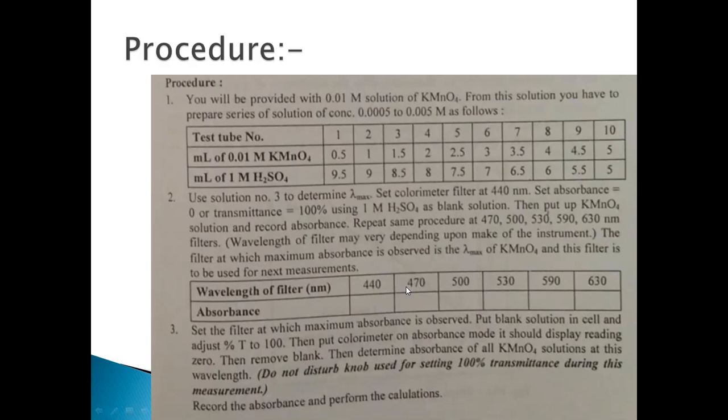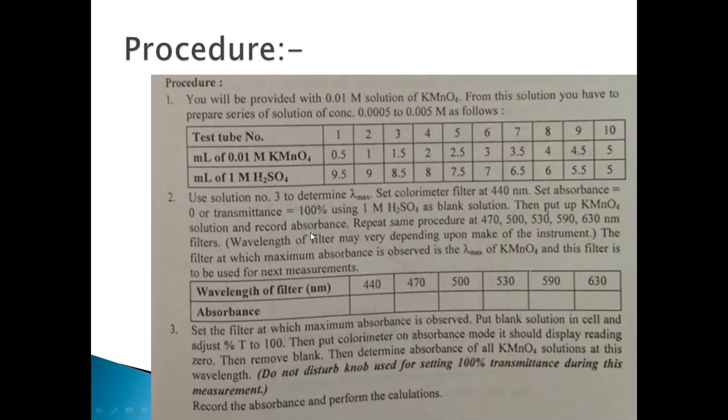In the observation table, 470 is the filter with the next higher value. So set the filter at 470 and then repeat the procedure. First adjust zero absorbance or 100% transmittance using the 1 molar H2SO4 solution as a blank, and then take the cuvette containing the third solution, keep it in the sample holder and measure the absorbance.